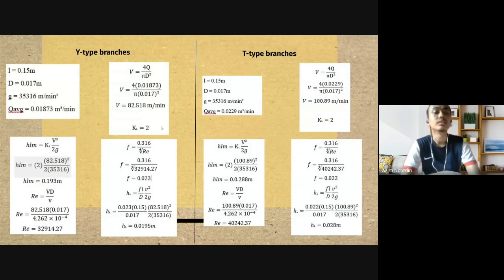Then we calculate the HLM, the Reynolds number, after that the coefficient of friction, and then the major losses. The T type is the same as the Y type, with the same method. We just substitute the information from each pipe. Okay, next.